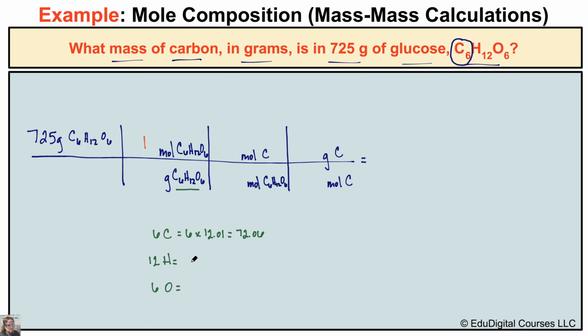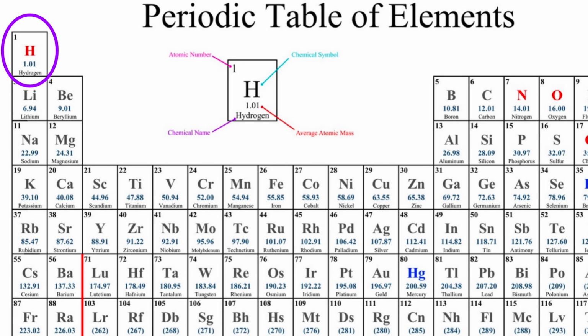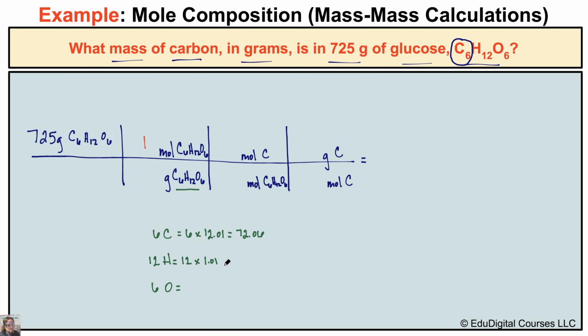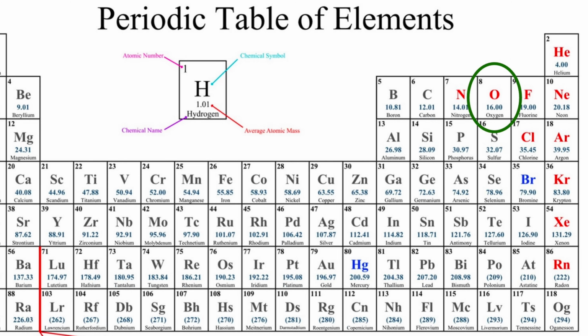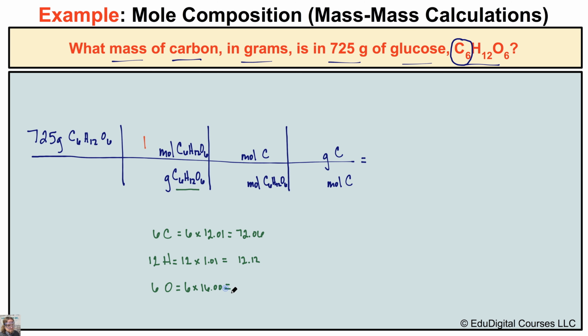We do the same thing with hydrogen. We're going to take 12 times the molar mass of hydrogen. If you take a look at the periodic table, you'll see that the molar mass of hydrogen is 1.01. That gives us 12.12. And we have 6 oxygens, so we have to take 6 times the molar mass of oxygen, which is 16.00.